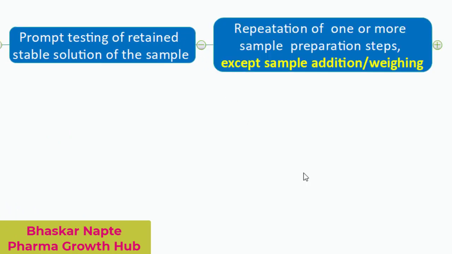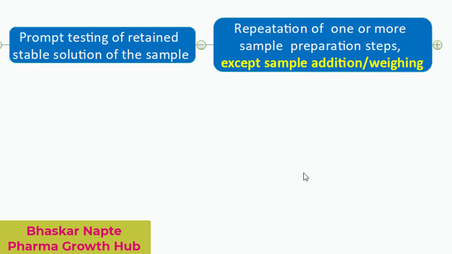So repetition of one or more sample preparation steps is allowed during the repeat testing, but remember one thing, that you are supposed to not make your stock solution freshly. It means repetition of one or more sample preparation steps except sample addition or weighing.